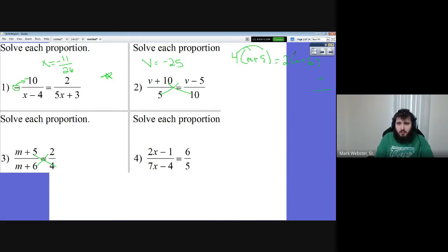Now we can distribute. 4 times 5 is 20. 2 times 6 is 12. Subtract the 2m. Subtract the 20. Divide by 2. We get -4.